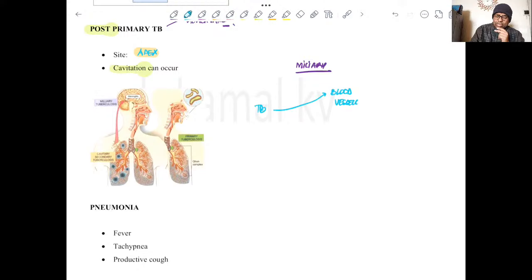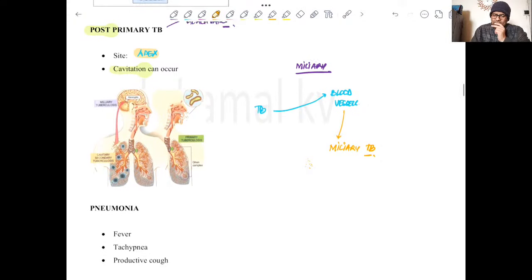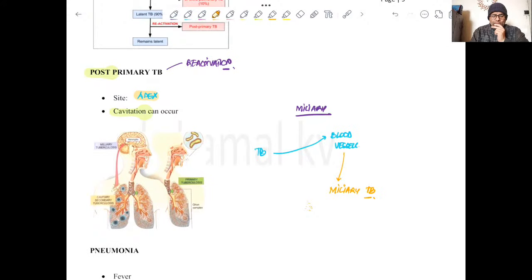Clear? So it can go to any place, and especially in terms of lungs, it will give rise to miliary tuberculosis, where we will see a dot appearance on both the lung fields, around the size of 2 millimeter. So just 3 words: primary, post primary, and miliary tuberculosis. Clear? Just remember this much.